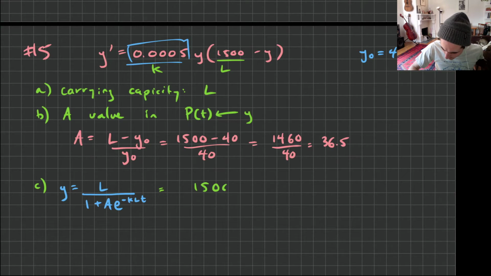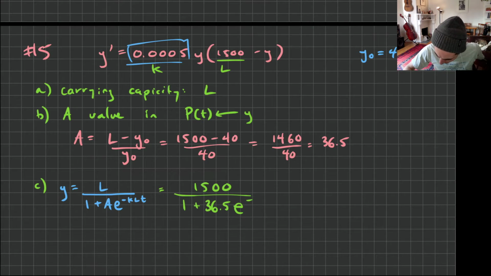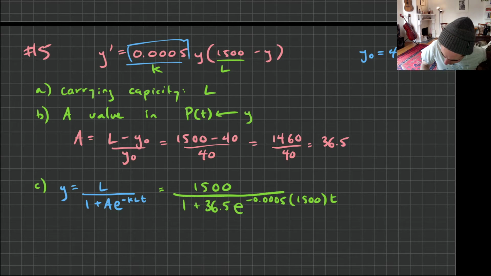So I've got 1500 over 1 plus A, which is 36.5, times e to the minus k, which is 0.0005, times 1500 times t. And we just have to simplify that.